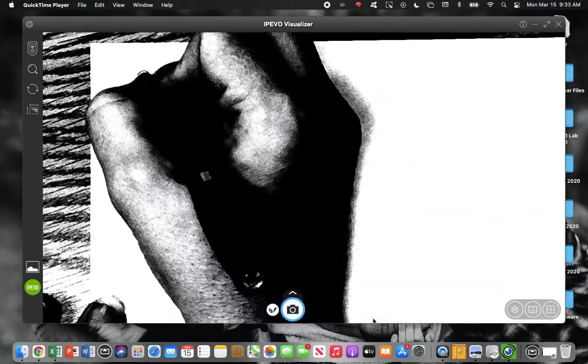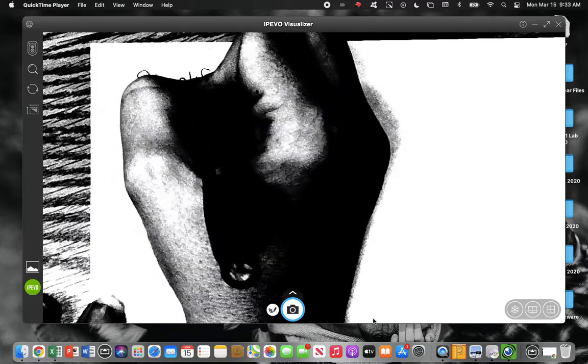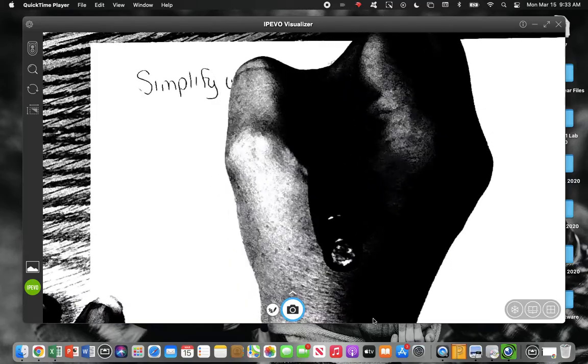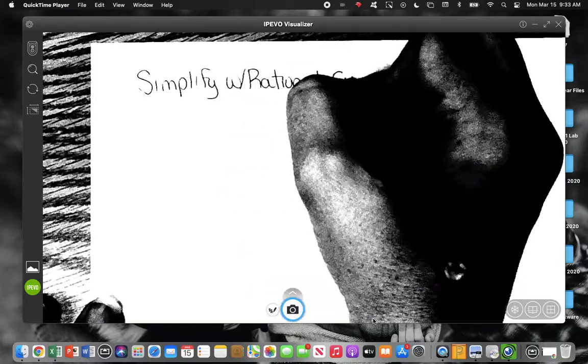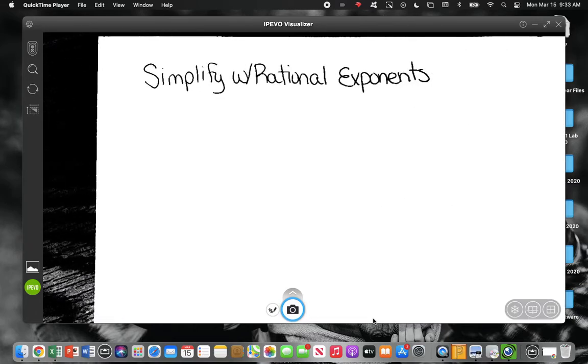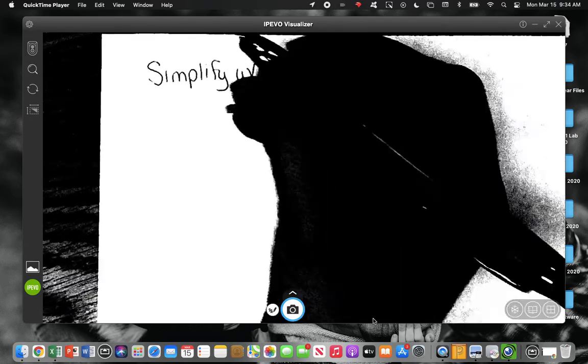So now we are actually going to simplify with rational exponents. But before we start simplifying, I do want you to know that the cake method that we use to simplify square roots, we can also use for other roots as well.